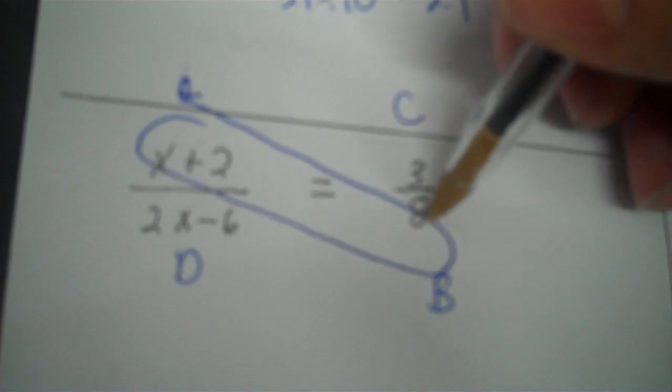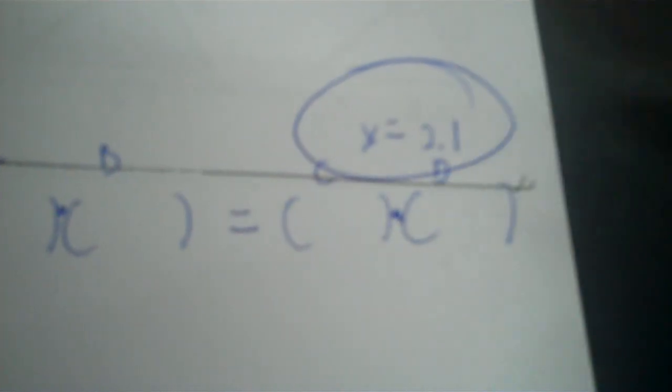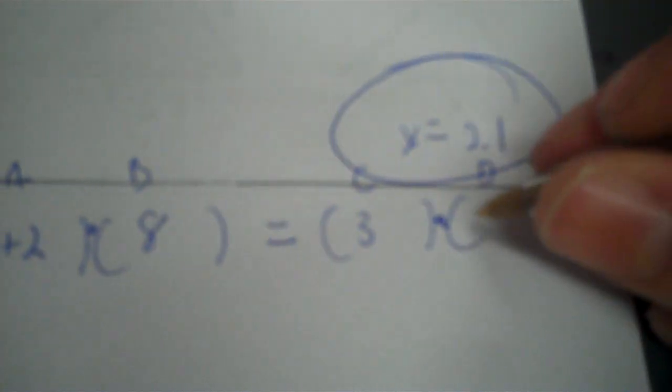Okay, so on one part, we know that we're taking A times B. You've got to be multiplying diagonally, and on the other side, C times D. It's got to be like that, diagonally. Cross multiply across. So x plus 2 is the A expression, and then B is just the value of 8. C is 3. And D is 2x minus 6.